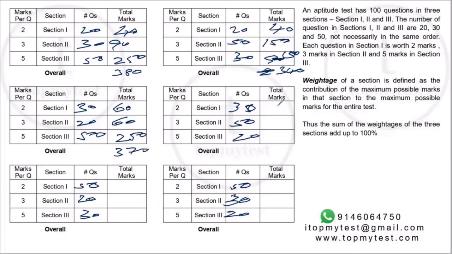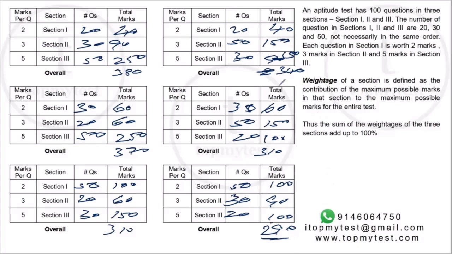This will be 60, 150, 100. That's 250 plus 60, 310. This will be 100, 60, 150. That's 210 plus 100, 310. And this will be 100, 90, 100. That's 290. Whenever I'm required to find out, I'll be calculating the percentages.